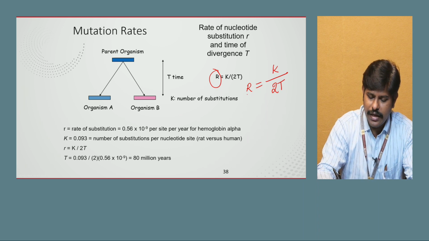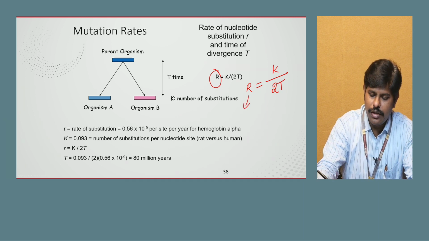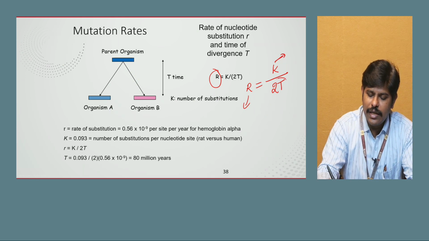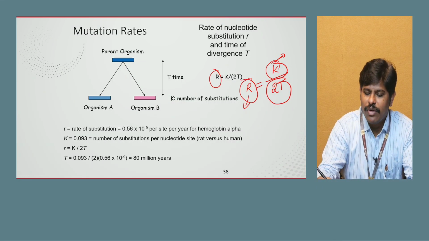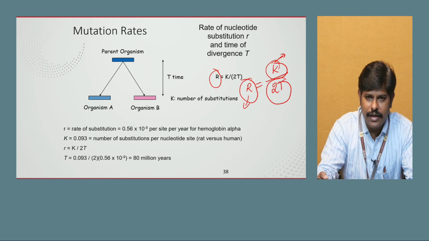So from this you can calculate the years of evolution. We get K from simple comparisons, and R can be constant for different proteins, so from this we can get the value of T.